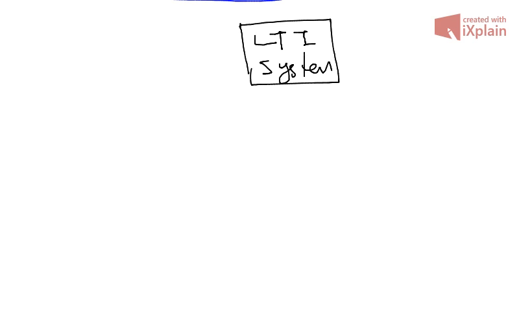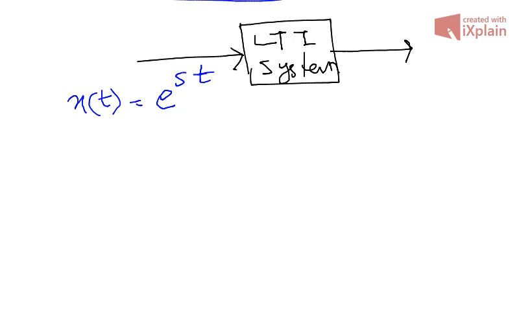Suppose, let me redraw my system here. If I have an LTI system with an input and an output, and you give a complex exponential at the input of the LTI system, keep in mind s is complex.